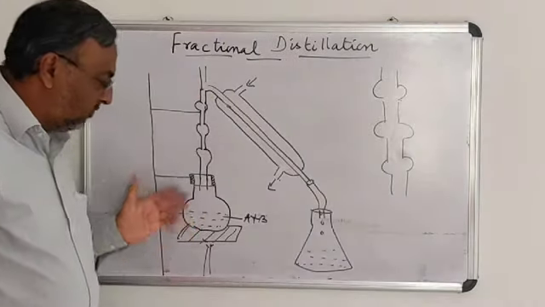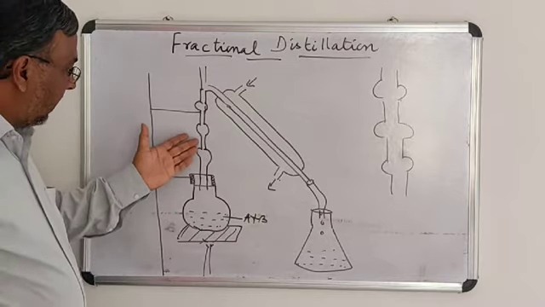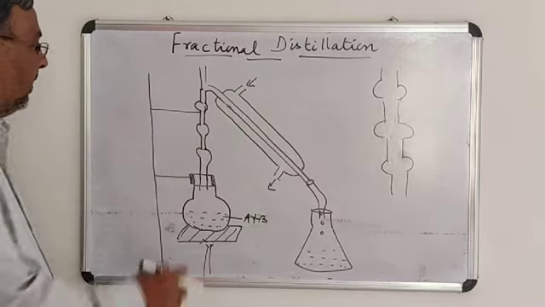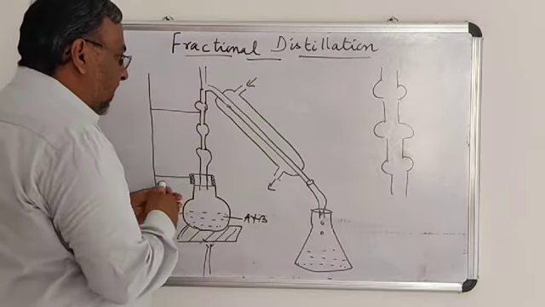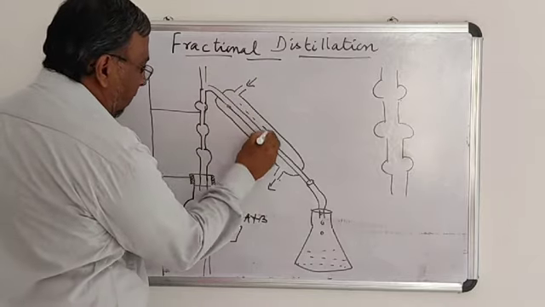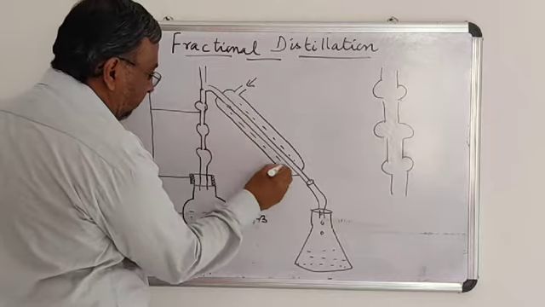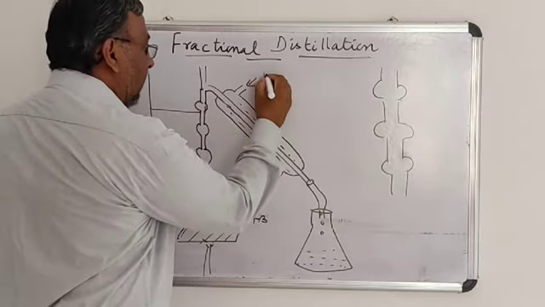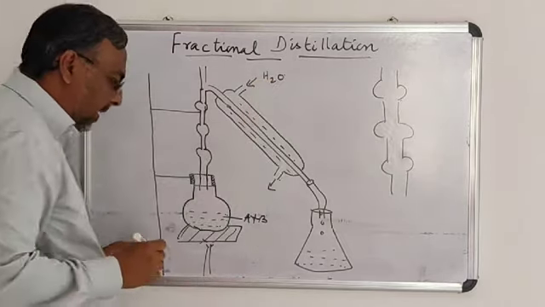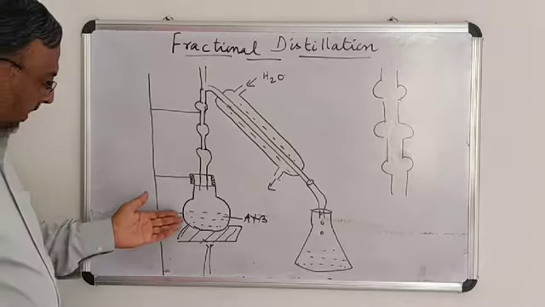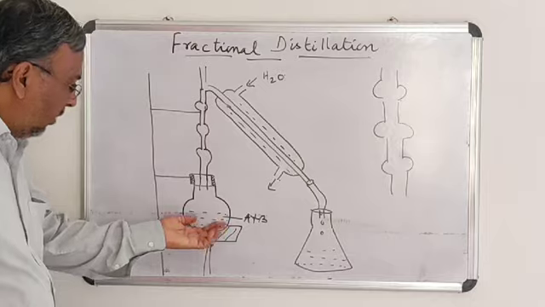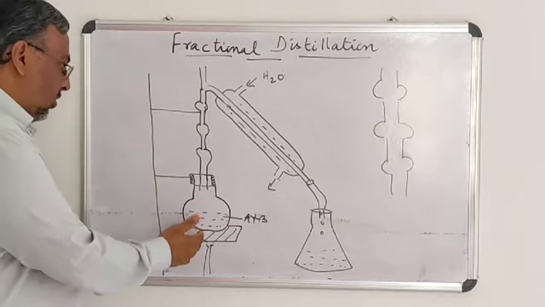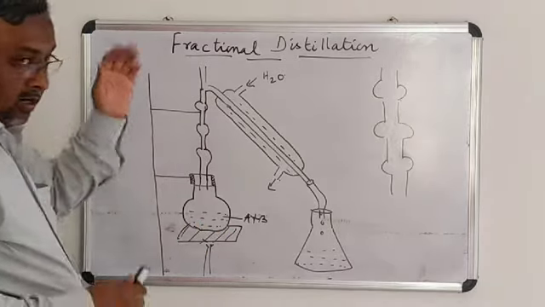This round bottom flask is fitted with a fractionating column. Then it is connected to the Liebig condenser where water is circulated for condensation. What happens when a liquid starts boiling? The vapors of both the liquids go upward.